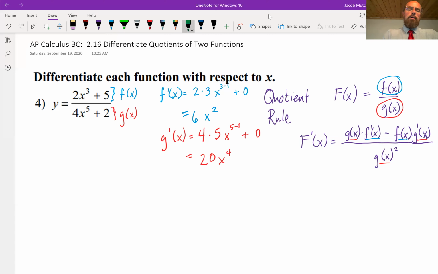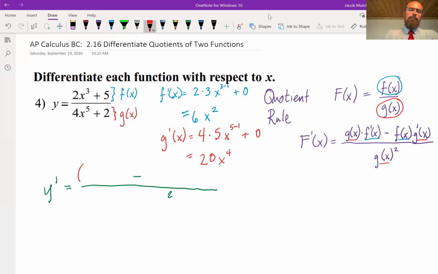So I'm going to start off here. We'll write that we're trying to take the derivative of the larger y function. That's like my big F of x over there. So it's going to be a fraction, a difference up above, something squared down below. So let's fill in the pieces. We start off with just plain g of x.